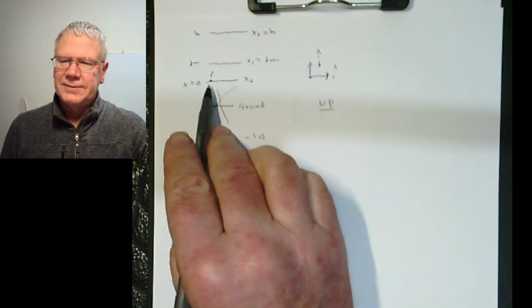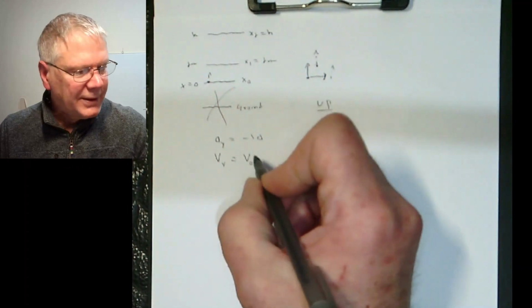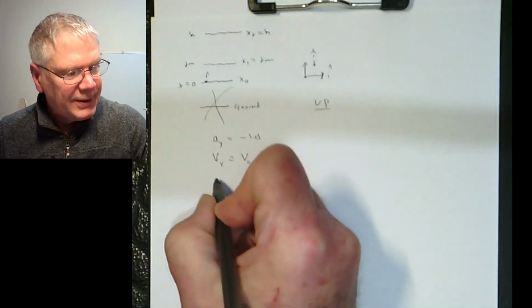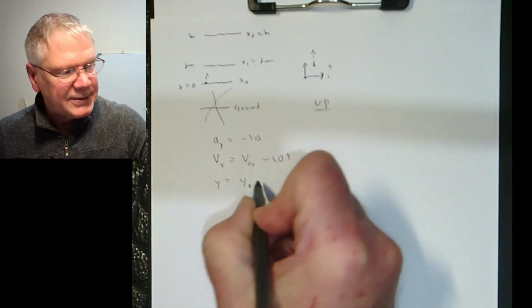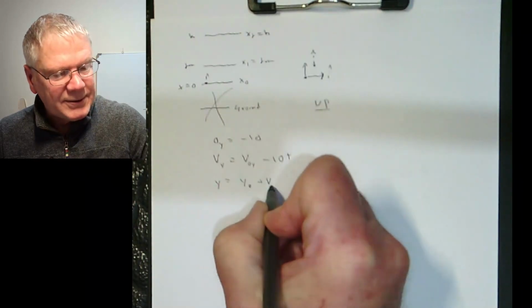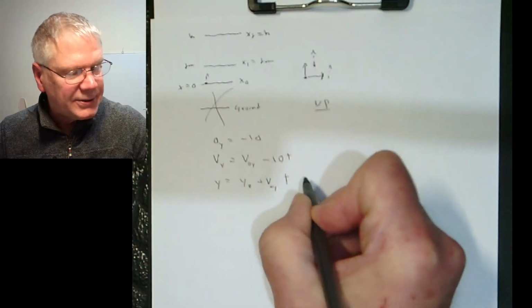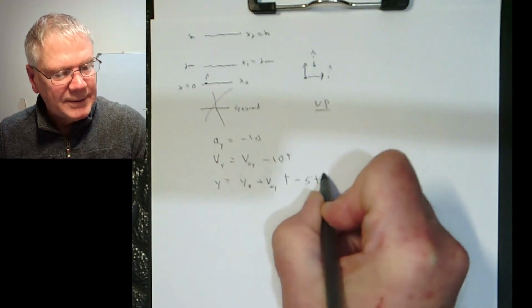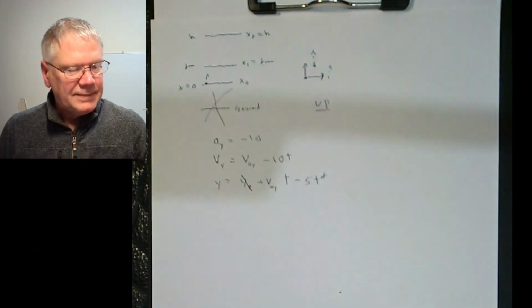It actually came from below, but we can think of it as starting here. Minus at, so that's minus 10t. And then I have the y distance is equal to y0 plus v0y, which I don't know, times time, which I actually do know, minus 1/2 at squared. And I'm going to call y0 equal to 0.